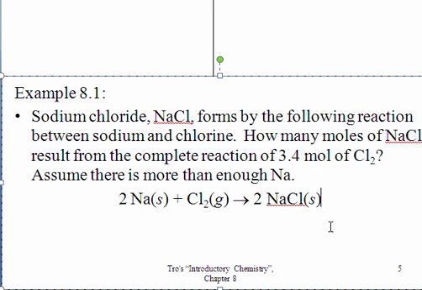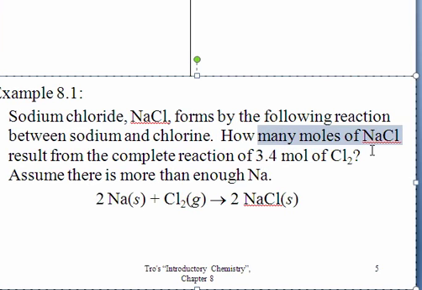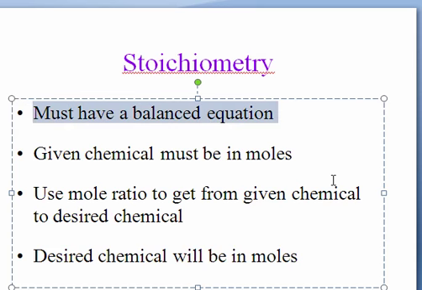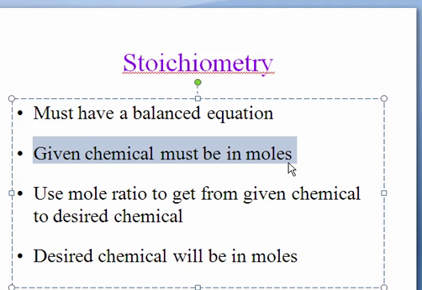Okay, so here we have a question where we are given information about one chemical. We're given information about chlorine, and we're asked to find out information about a different chemical. Anytime that is the case, we're going to have to use a balanced equation to get our answer, and that's what's known as stoichiometry. In stoichiometry, you must have a balanced equation. That's our recipe. The given chemical must be in moles. If it's not in moles, we have to get it to moles.